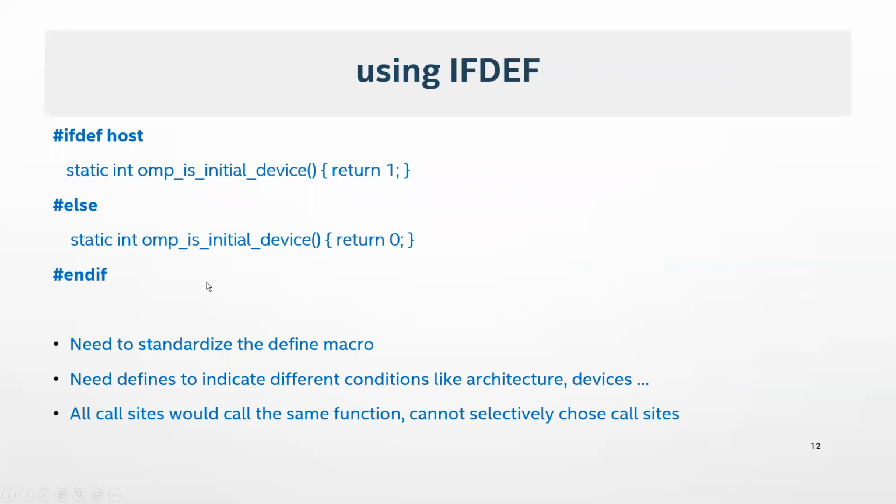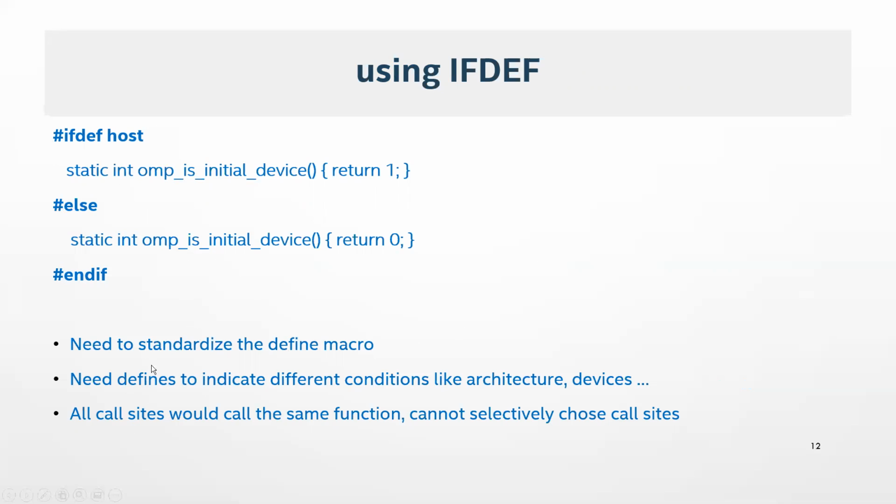You would also want to customize for different architectures, and in a sense, it can provide that by using IFDEF host, or architecture, and vendor, something else. So you could have a bunch of IFDEF macros, but then again, you have to standardize all that. So you would need to coordinate with all the other compiler developers or have some sort of standard to be able to define this.